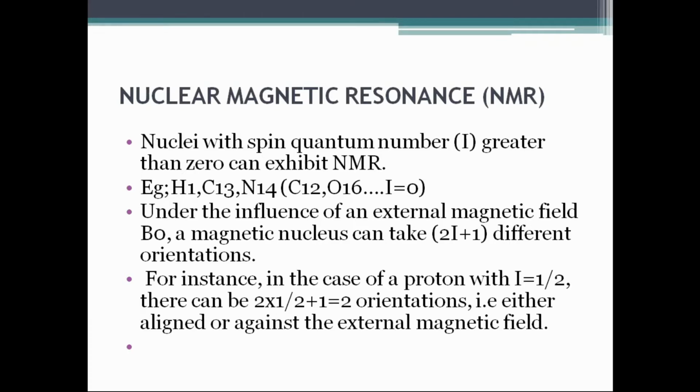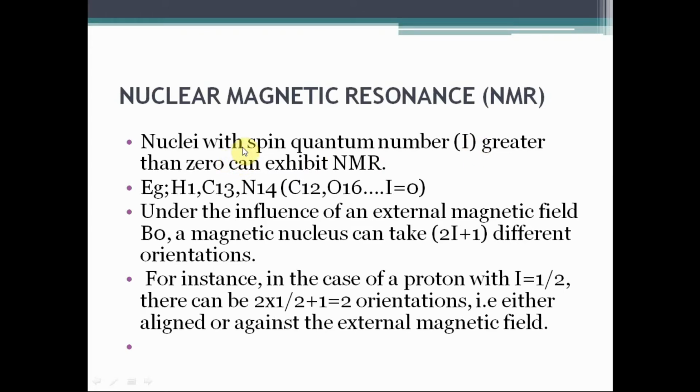That spinning is taken as the spin quantum number, represented as I. For a nucleus to absorb or give an NMR spectrum, its spin quantum number I should be greater than 0.